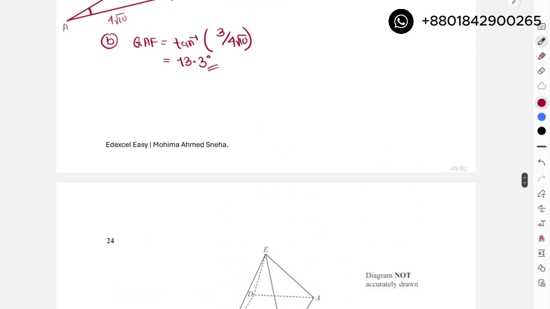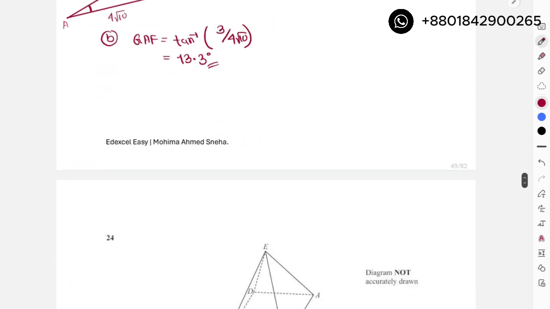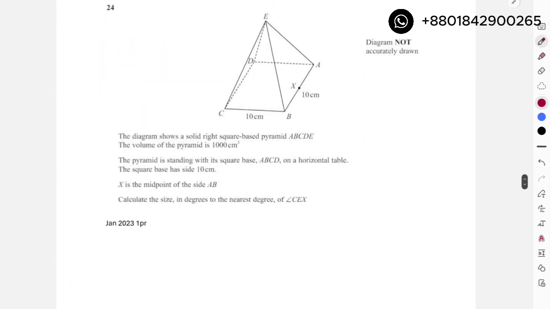After this, this was for a cuboid, right? And now for this one, this is a pyramid, as we can see. This one says the diagram shows a solid right square pyramid. Right square pyramid means the base over here is a square. Okay, it's not a triangle or rectangle, it's a square this time. And ABCDE, the volume of the pyramid is given as 1000.